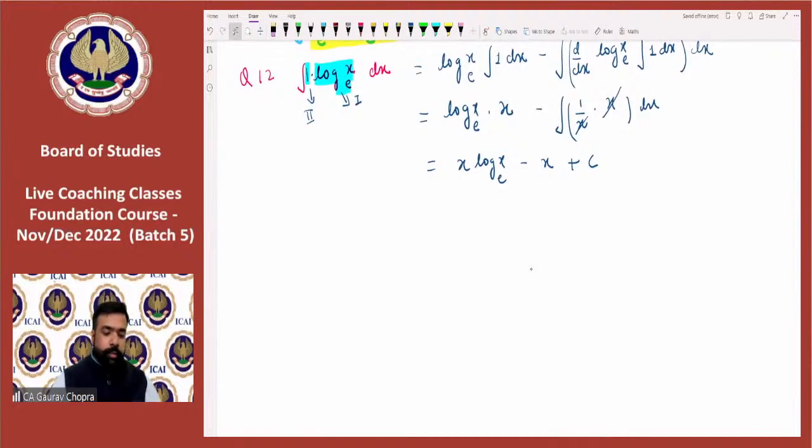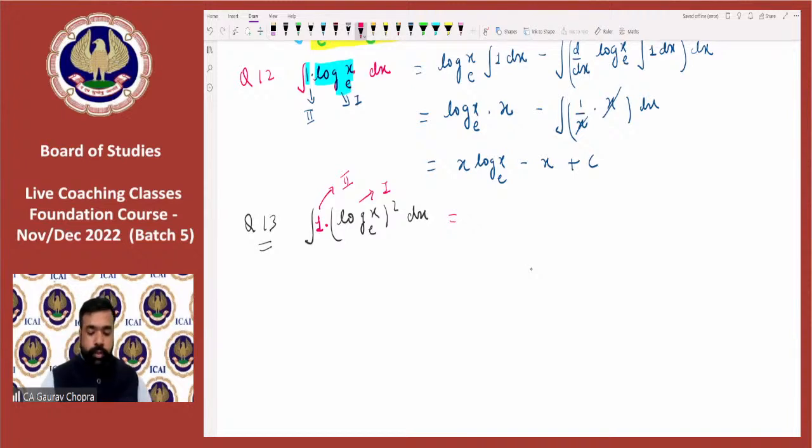So let's try a similar question. Now this time it is log of x base e whole square. This is given. So again log is there, so we have to assume the other function as 1. Log is the first function, 1 is the second function.